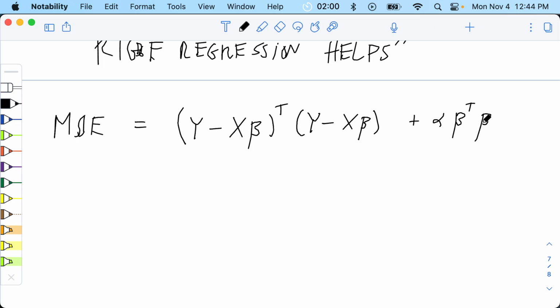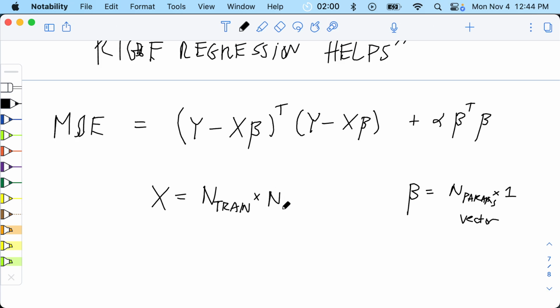And here, beta is a vector. It's a number of parameters by one vector. X is your data matrix. The rows are the number of data points, let's call it n train, times n parameters. So the columns are each of the parameters.